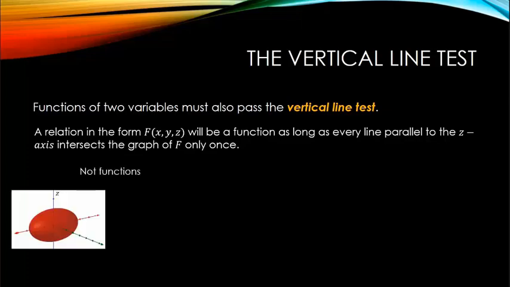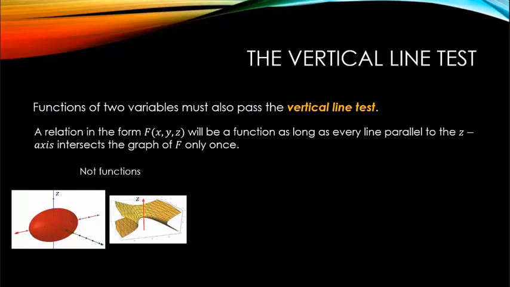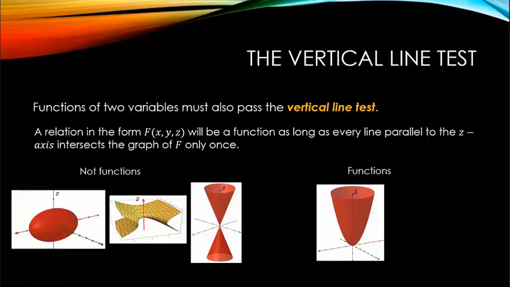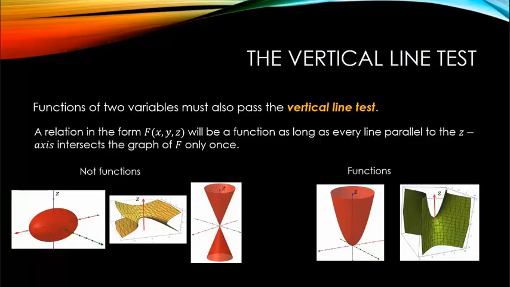Graphs that don't behave as functions include an ellipsoid, a hyperbolic paraboloid that lies on its side, or an elliptic cone. Graphs that will behave as functions will include things like the elliptic paraboloid or a hyperbolic paraboloid that is aligned vertically.